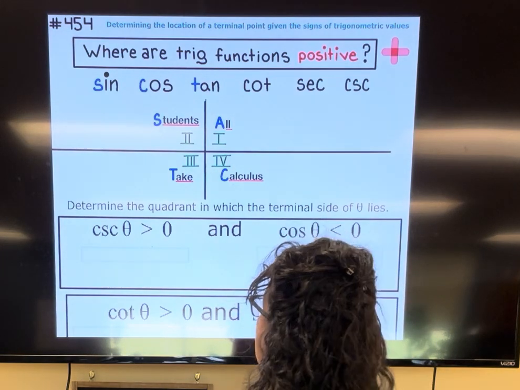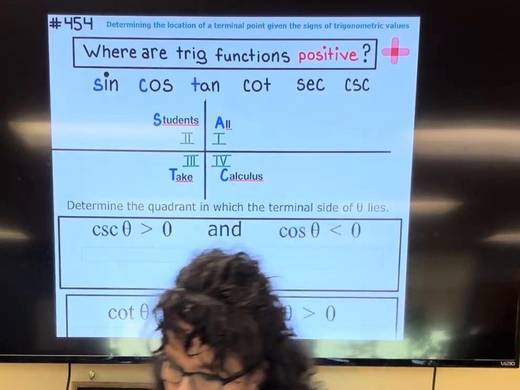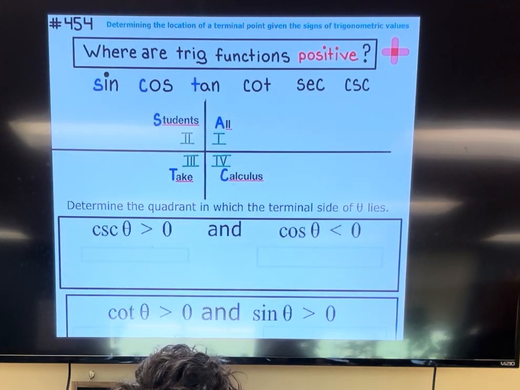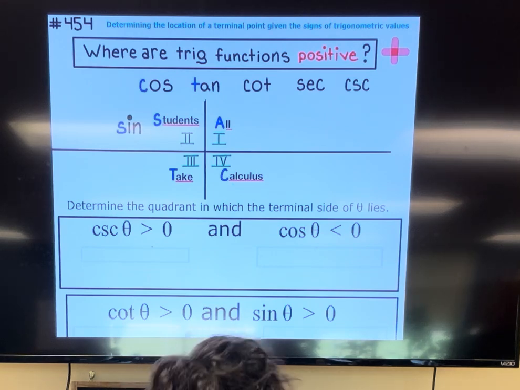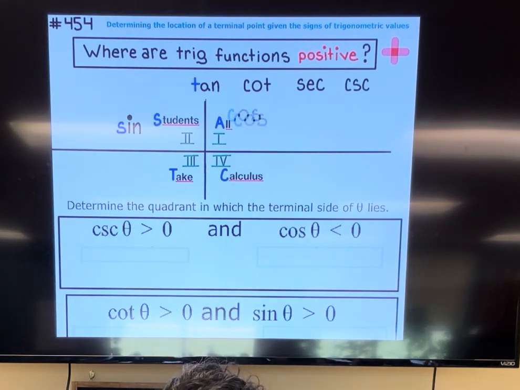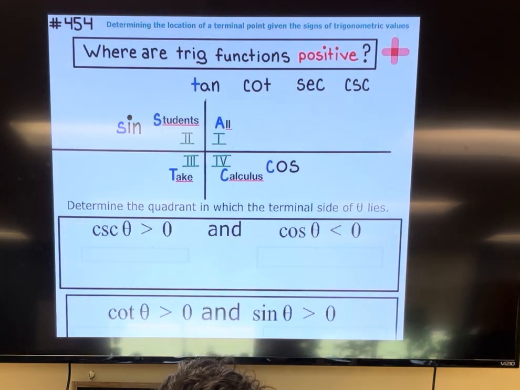So your main trig functions are sine, cosine, and tangent. So I'm going to move these around just a little bit here. Okay, I've got sine is for the students. Then I have cosine, that's the one for calculus.